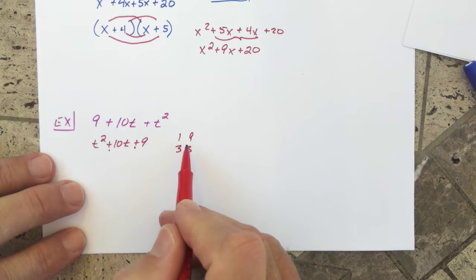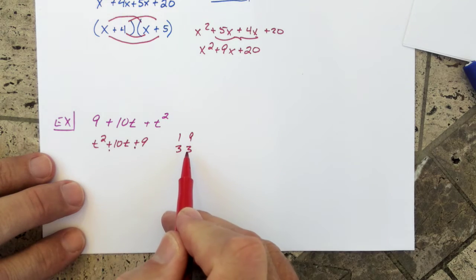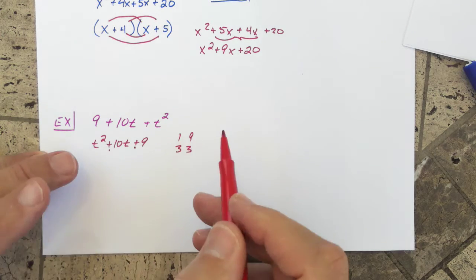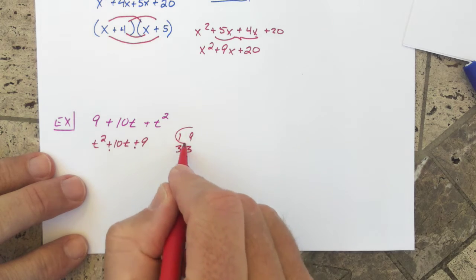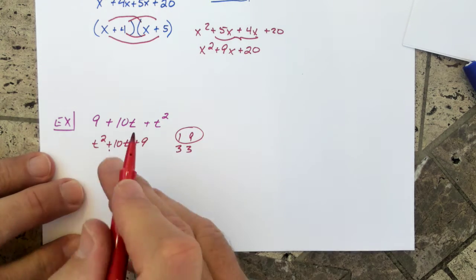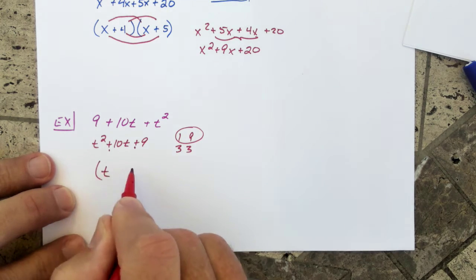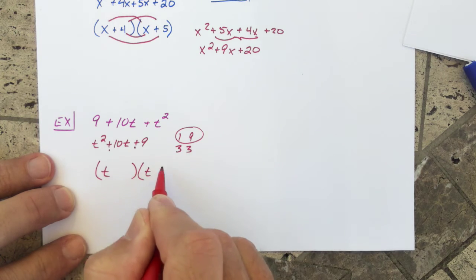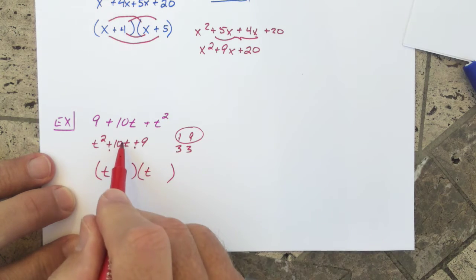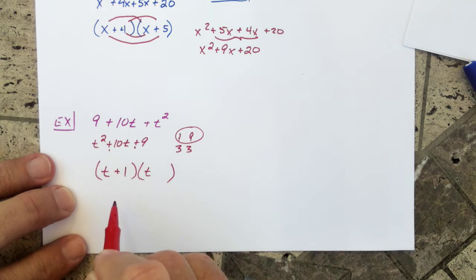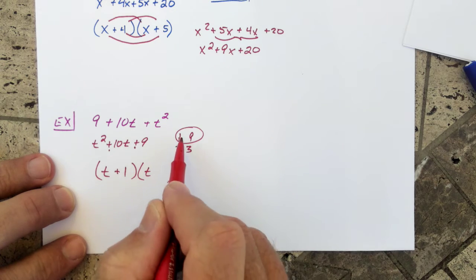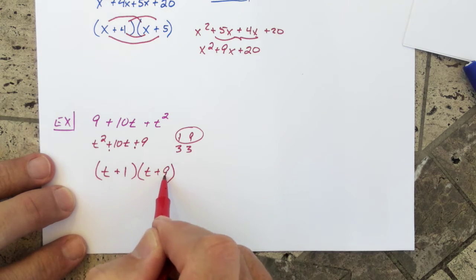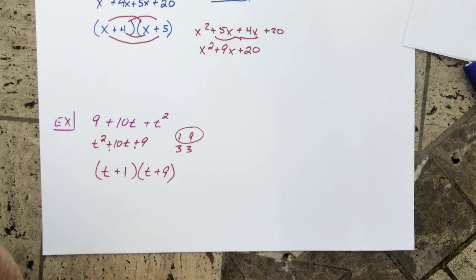Which 2 of these factors add up to be 10? 3 plus 3, 6. 1 plus 9, 10. So we're using this set of factors. t plus 1, t plus 9. That's how easy this can be for you.